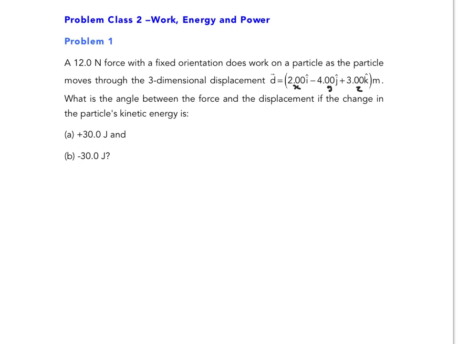It's asking what the angle between the force and the displacement is, if the change in the particle's kinetic energy is this value. So we're going to use the work-kinetic energy theorem.